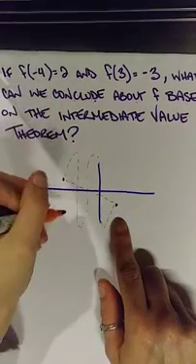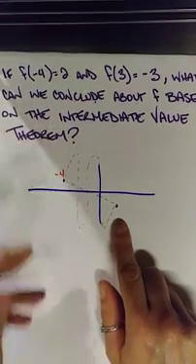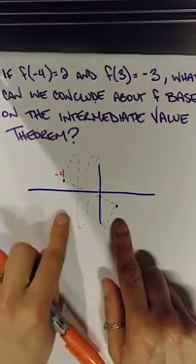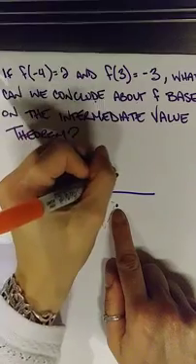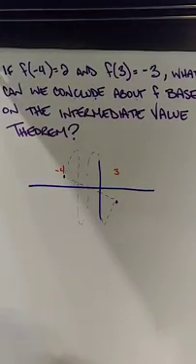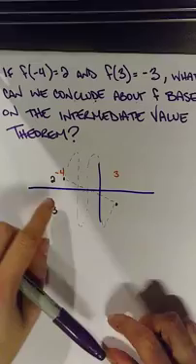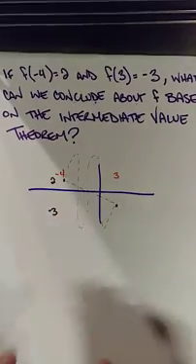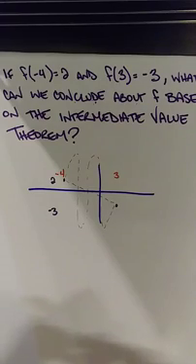So f of -4 means that was a -4 in my x value, right? And I ended down here at f of 3, so that's a 3 on my x value. And my y values here exist from 2 here to -3 here, right? 2, -3. I drew that a little low, but that's that line there. All right.